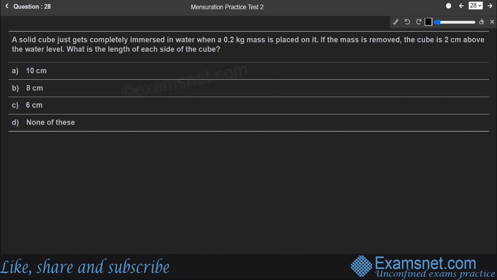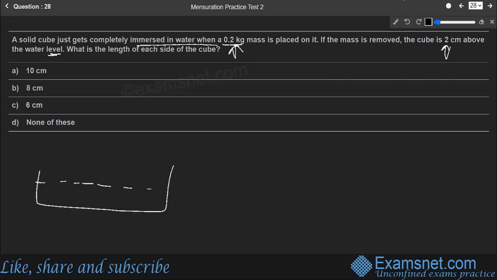The question says a solid cube just gets completely immersed in water when 0.2 kg mass is placed on it. If the mass is removed, the cube is 2 centimeter above the water level. What is the length of each side of the cube? So there is a water level inside a particular tank.